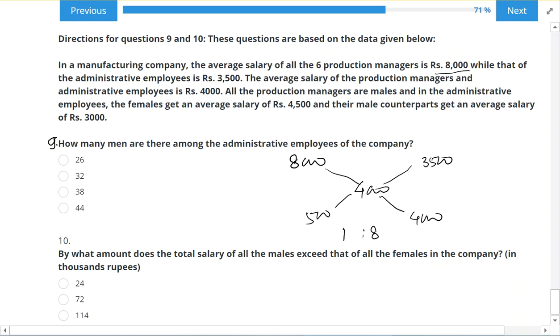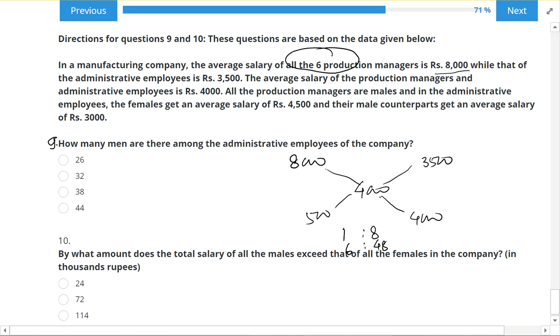So production managers to administrative employees, the ratio is 1 is to 8. Say 100 production managers are there, but here it is clearly written all the 6 production managers. So it is 6 and it will be 48 administrative employees.